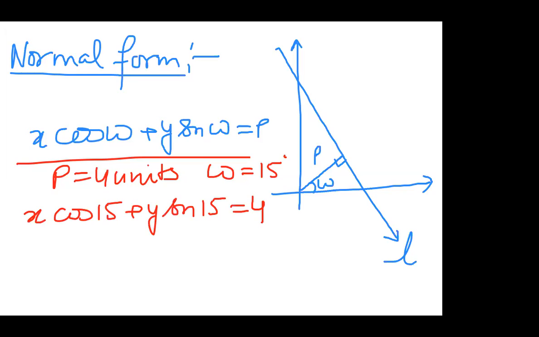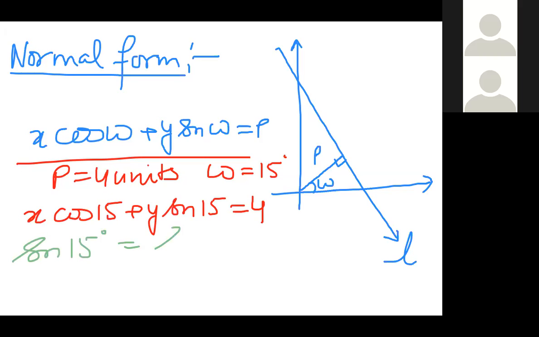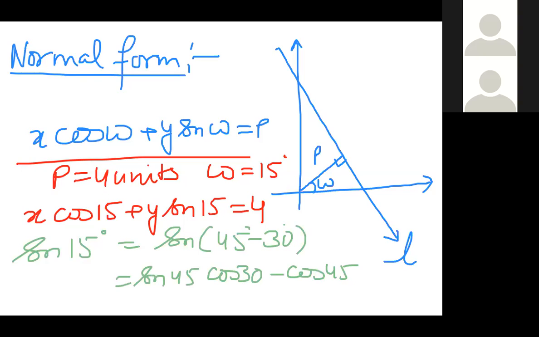So I'm showing you how to calculate sin 15. Sin 15 degrees will be equal to sin of 45 minus 30. Now sin(A minus B) we need to implement. So this will be sin 45 cos 30 minus cos 45 sin 30.